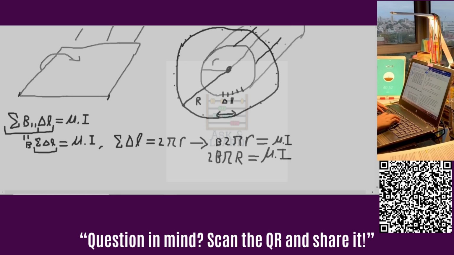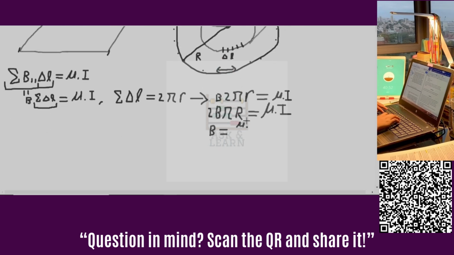Now, if we want to solve for B, we can just move all this over to the other side. So for part A, we'll have B is equal to mu naught times I divided by everything else on the left-hand side.